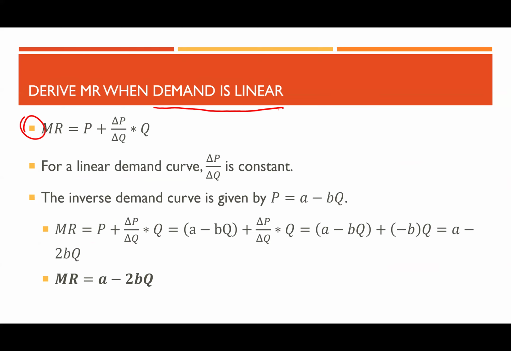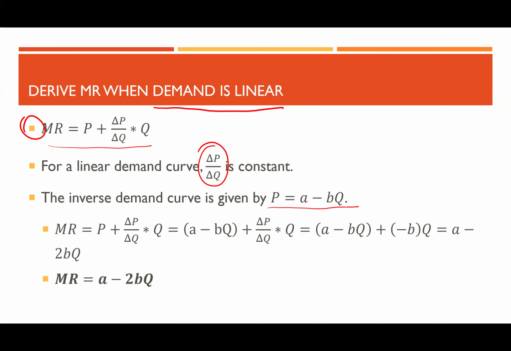When we have a linear demand curve, it means that the slope of our curve is constant, right? That's what defines our linear curve. And so we can notice that our marginal revenue equation has a similar format, for lack of a better word, to our inverse demand equation, right?